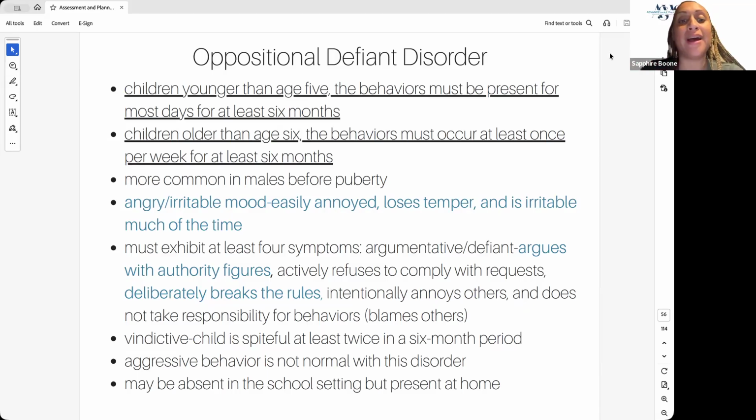Not crimes, but more whatever rules you have set, like, you must clean your room before you watch TV or something like that. And you're going to see that irritability, that anger, losing temper, being annoyed, but not setting fires and not destroying property. So that's what you'll see more with conduct than ODD.